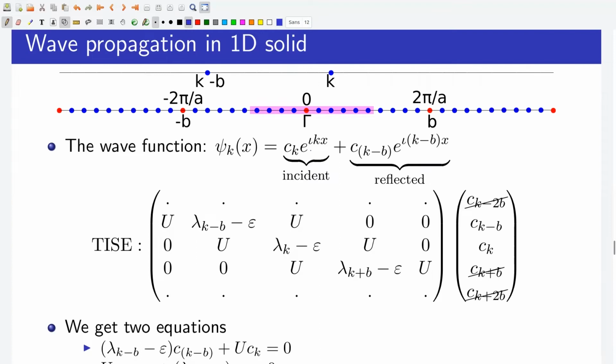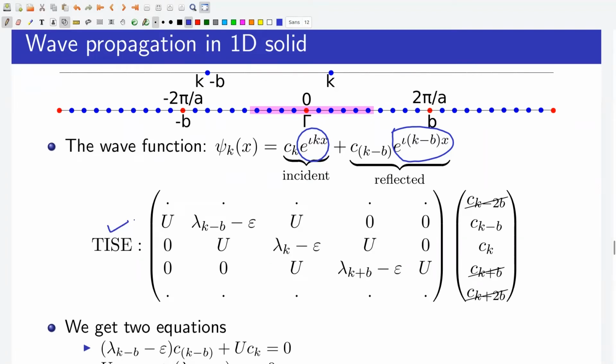We are writing the Fourier series expansion of the wave function, keeping just two terms, e^(ikx) and e^(i(k-b)x). The time-independent Schrödinger equation is converted to a system of linear equations in the case of Bloch electrons.